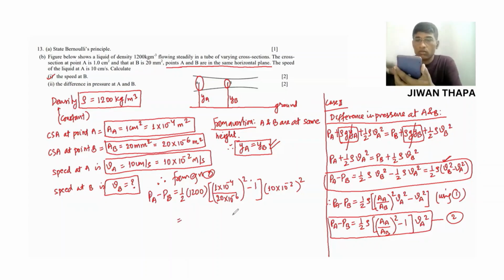So we get this, 24, and this will give me 600, and this will give me 0.01.